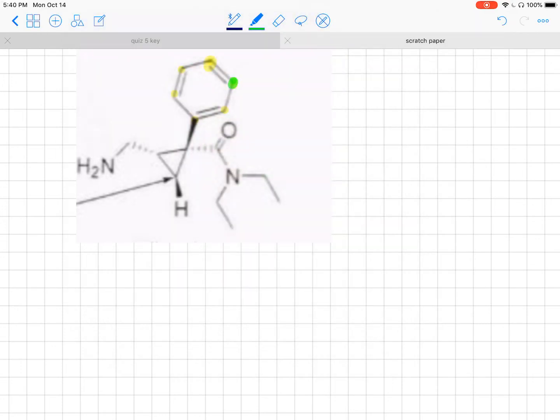It's making a bond to this carbon, and to one hydrogen. So none of these can be chiral, so they will not be given R or S configurations. Same with this carbon here because it's bonded to oxygen twice and it only makes bonds to 3 other atoms.